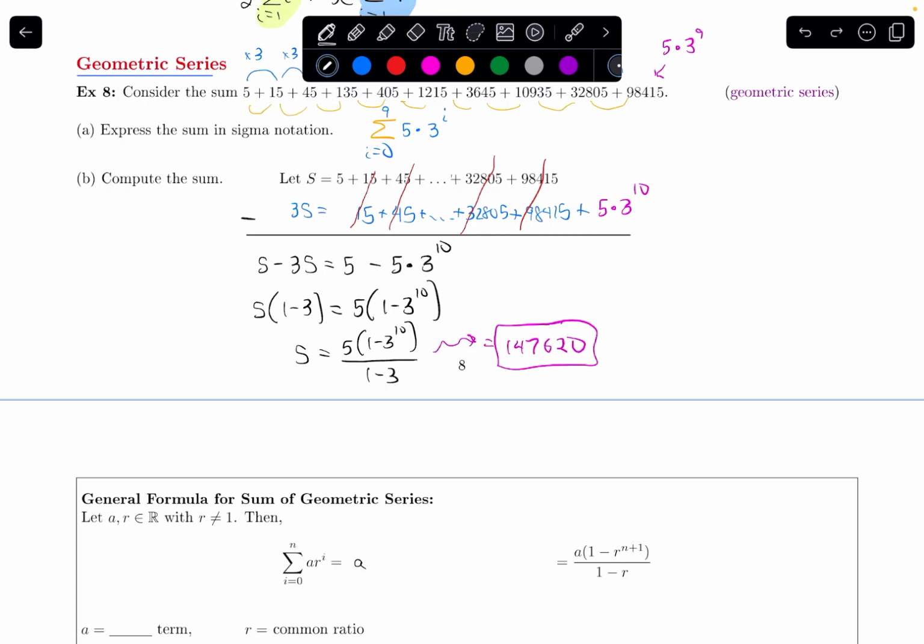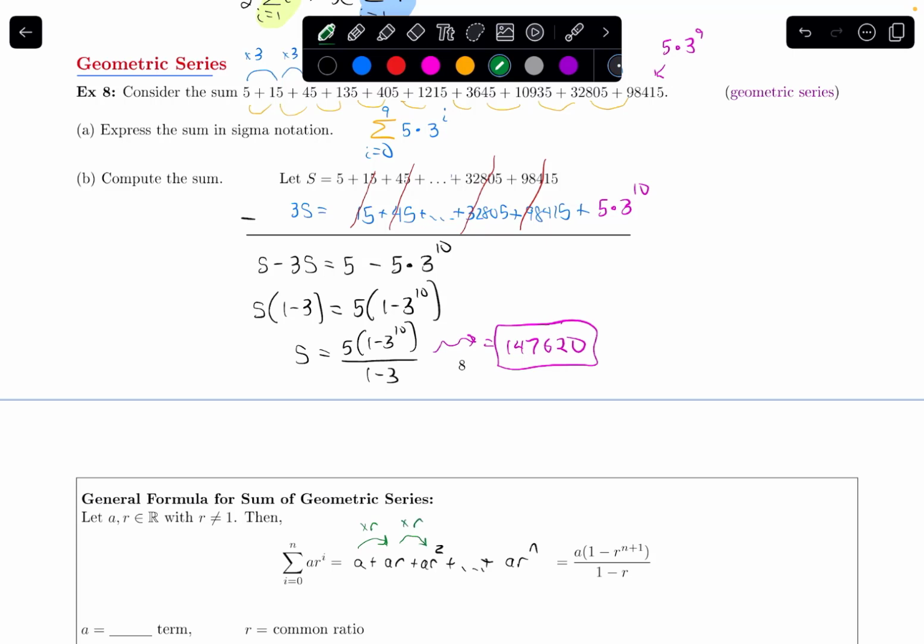If I plug in 1, I get ar. If I plug in 2, I get ar squared. And if I keep going like that until I plug in n, I'll end up with ar to the n at the end. So I'm getting from one term to the next by just multiplying by r, multiplying by r again, and so on and so on.